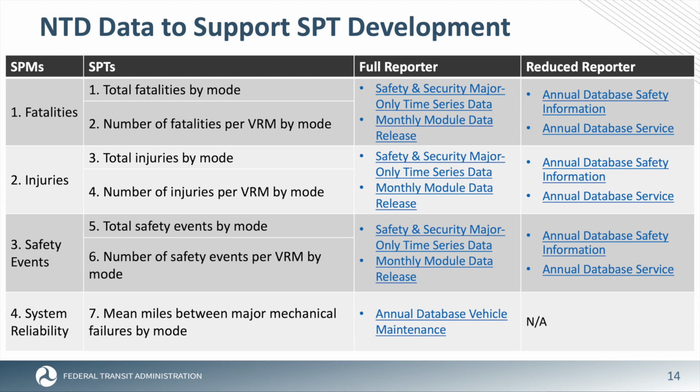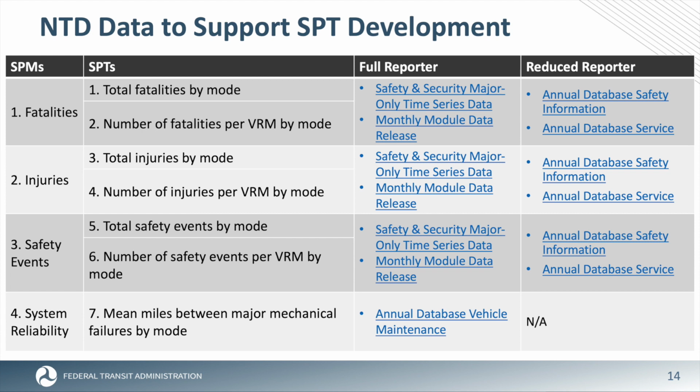If I'm interested in setting a calendar year rate, I can access the monthly module data release, where I report, as a full reporter, service metrics, including vehicle revenue miles, on a monthly basis. And so I can marry up my calendar year safety totals with my calendar year service totals to calculate a rate.